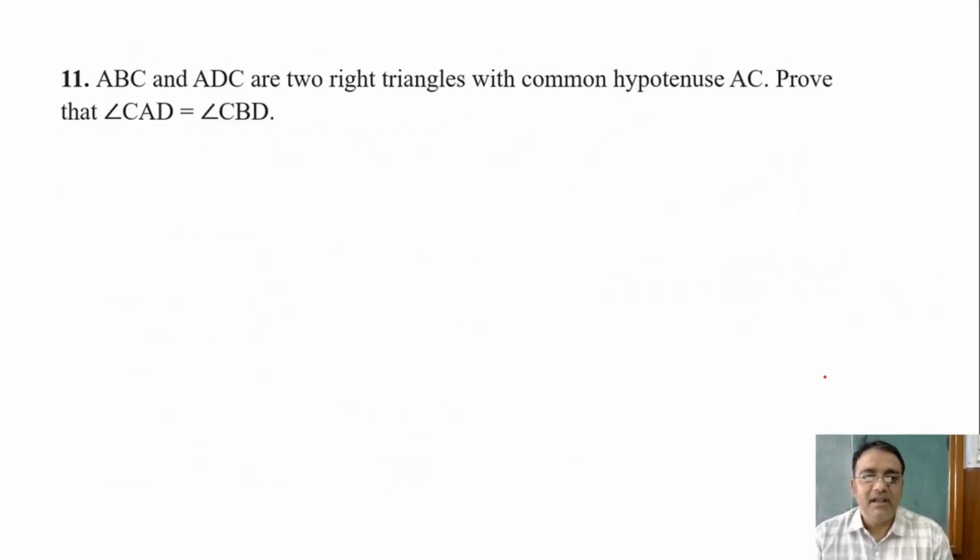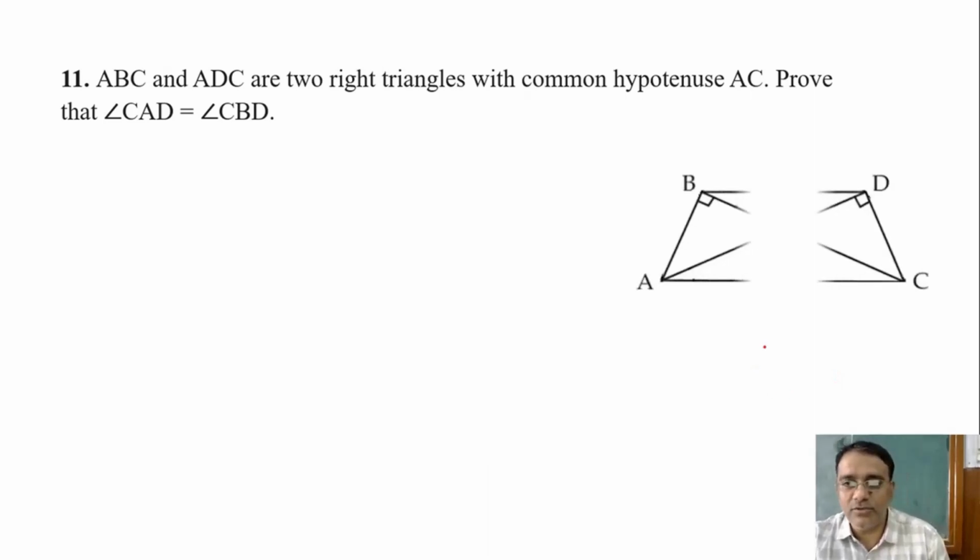Next, ABC and ADC are two right triangles with common hypotenuse AC. Prove that angle CAD is equal to angle CBD. So what we are going to do, we are going to make two right triangles with the common hypotenuse AC.